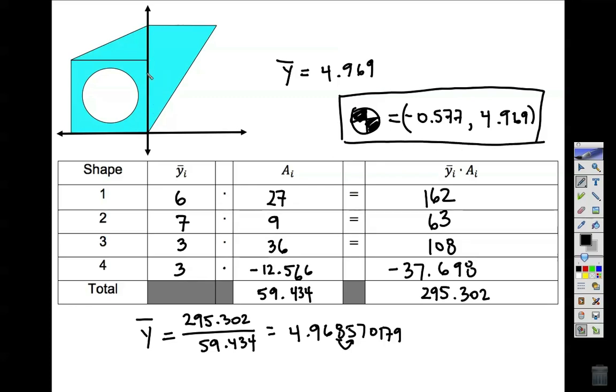This was 6, here's about 1, so it is about right there. So if I cut this shape out and put a pencil right here and try to balance it roughly around this point, then this shape will be balancing on top of the paper. And that is how to find the centroid of a two-dimensional complex shape.